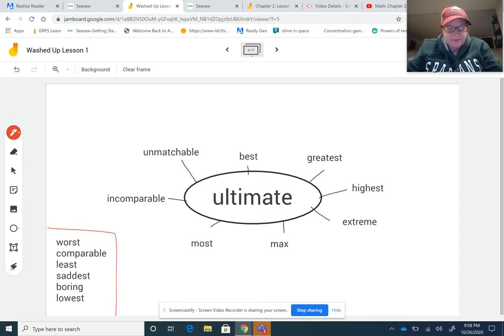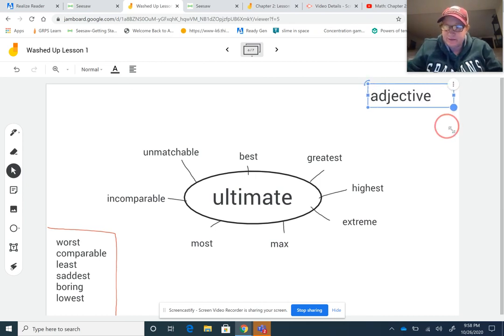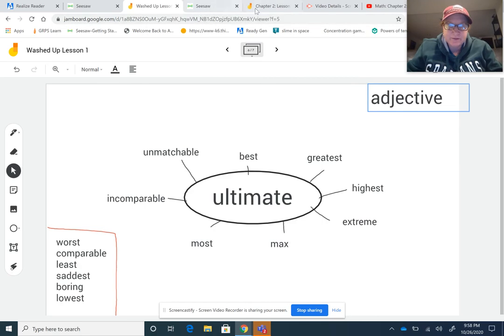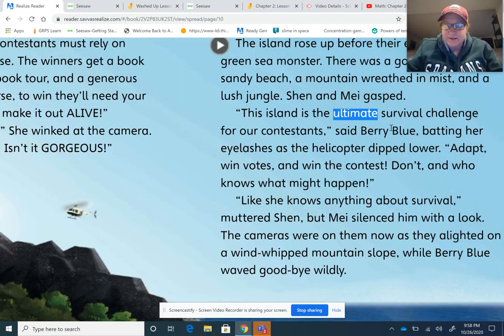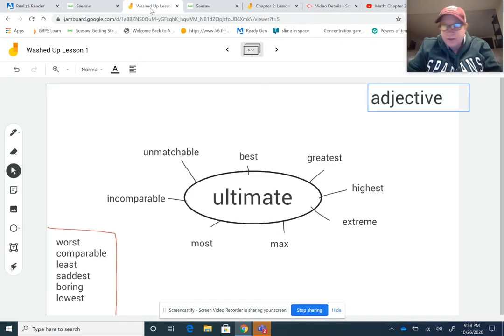And this is an adjective. It describes something. So let me stick adjective up here. If we go back to the text, it describes the island. The island is the ultimate survival challenge. So the island is ultimate for this survival challenge that they're going to compete in. And I think I just need to write my sentence.